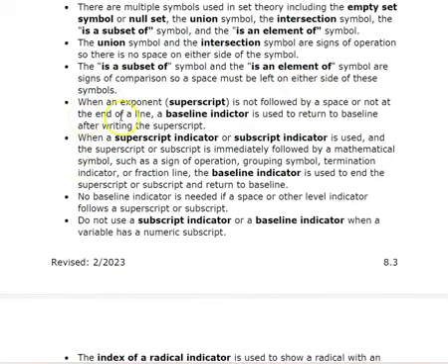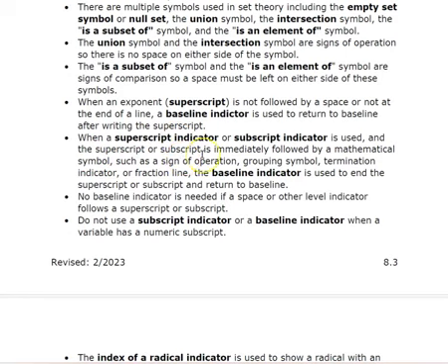When an exponent or superscript, remember superscript is up in the sky like Superman, is not followed by a space or not at the end of a line, a baseline indicator is used to return to baseline after writing the superscript.